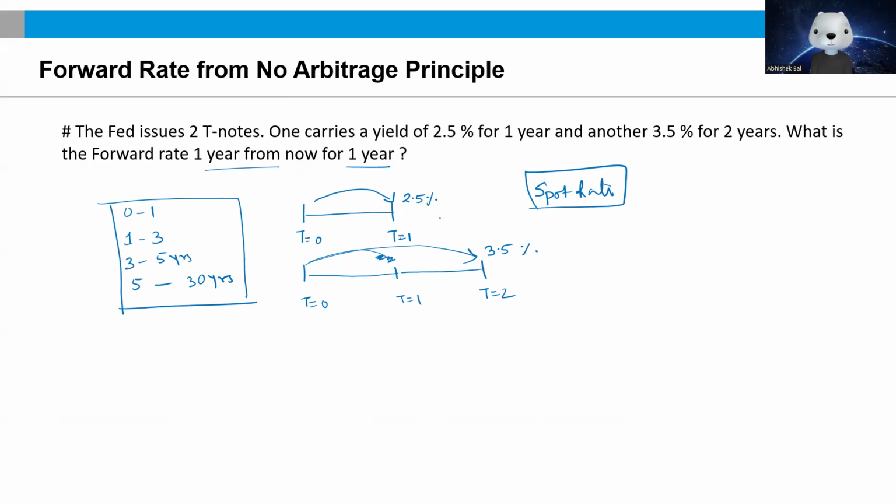Now, in this example, we are talking about two such notes being issued by the Fed government. One, as I said, is going to yield 2, and these are discounted notes. So you could simply understand that the fair price of these securities today is going to be 97.5 here, because 100 is the face value.